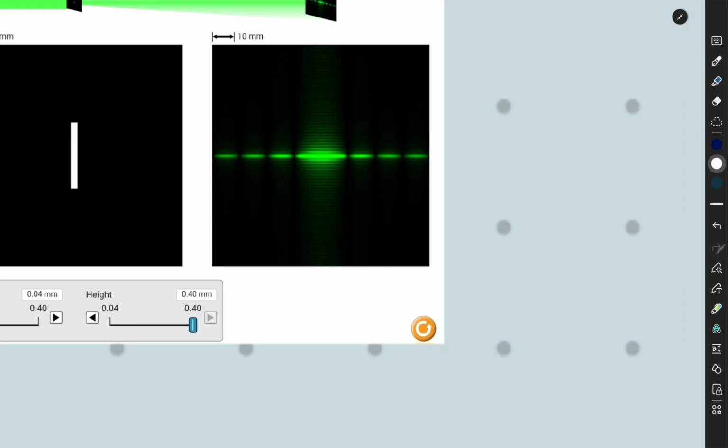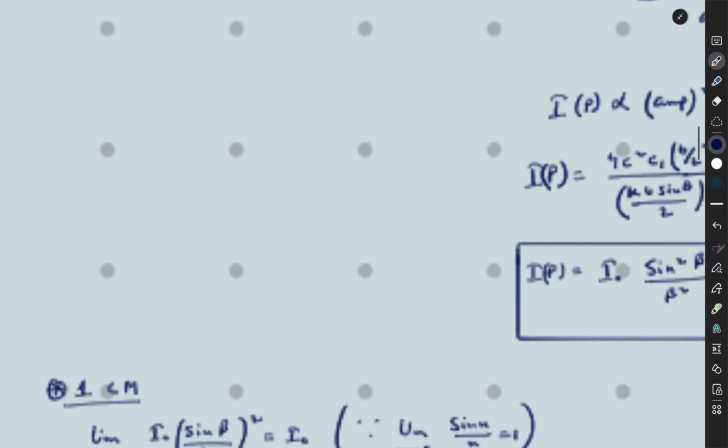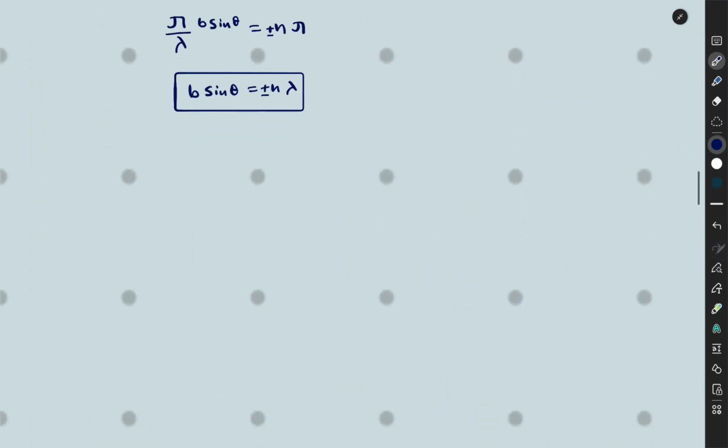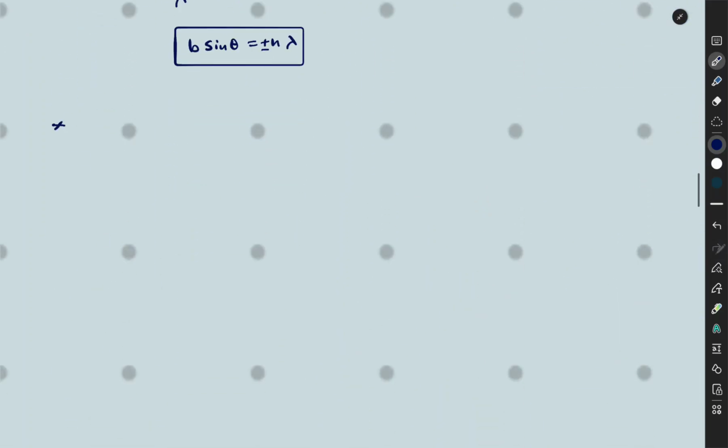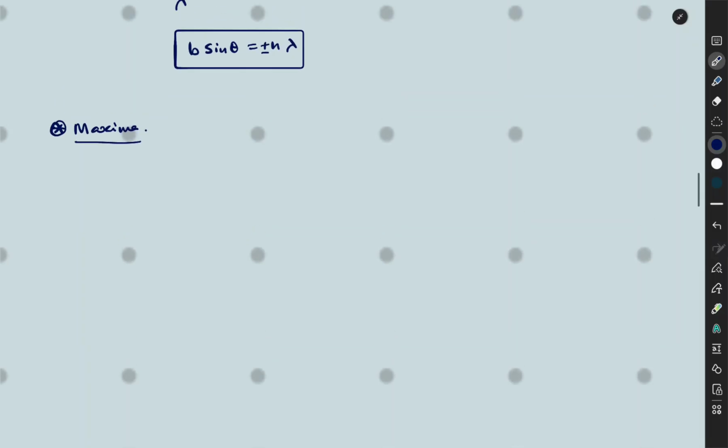And we will see the maxima. For the maxima, we will maximize the function. For maxima, I of p equal to I naught sine square beta whole upon beta square.